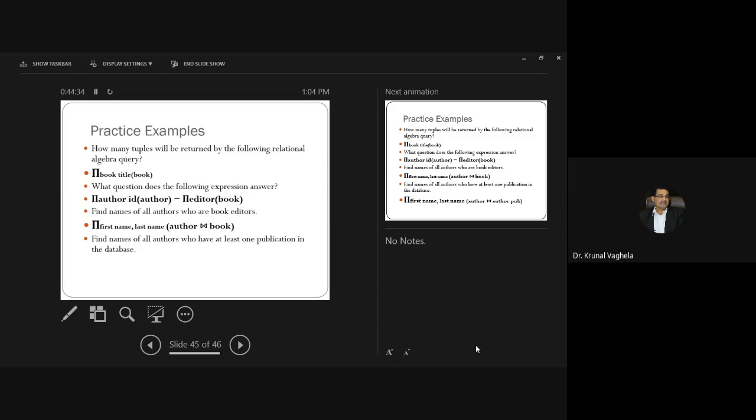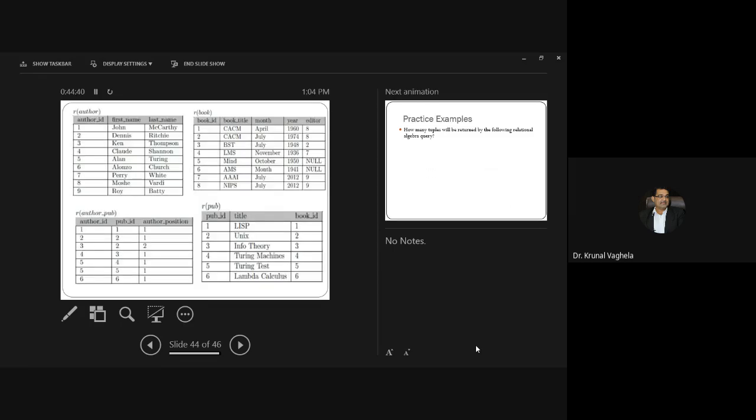Author and book. Right. So there is 1 column missing in the book: author ID. You are right.